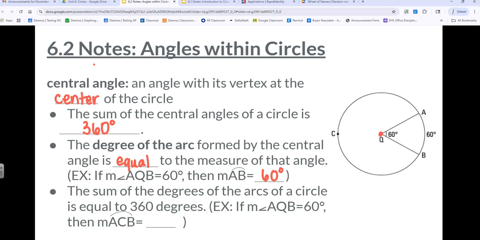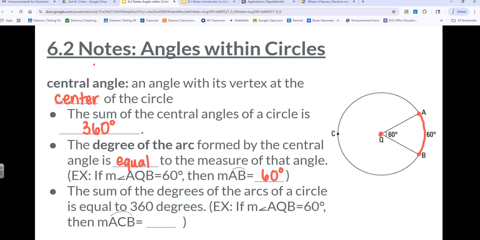So there are 2 different ways you can talk about the size of an arc. You can talk about its angle measure, and then you can talk about its arc length. Okay? So right now we're not talking about the arc length. We're talking about the degrees of the arc, how much of the circle we're looking at. So we're looking right here from A to B, we're looking at 60 degrees of the circle, 60 out of 360 if you want to think about it as a fraction, what part of the circle you're looking at.